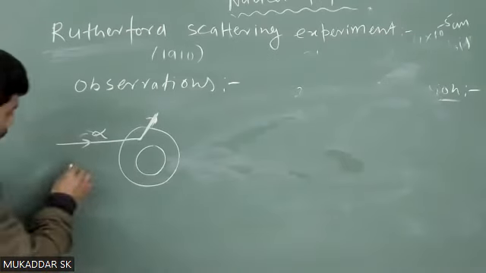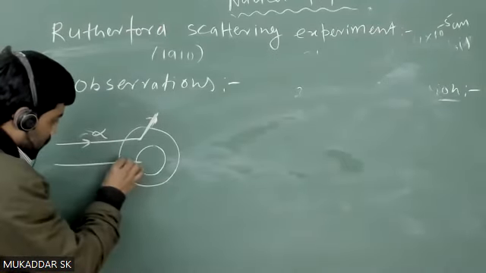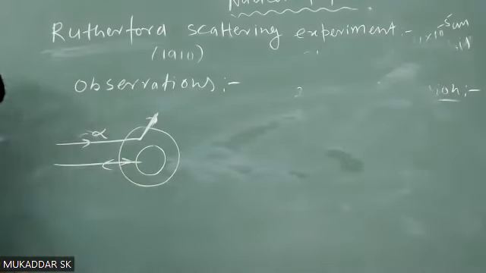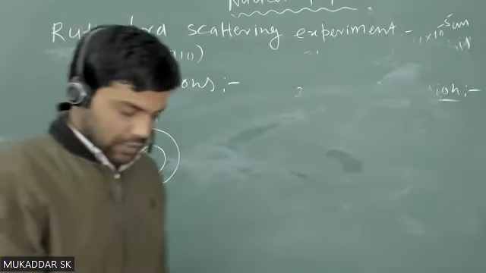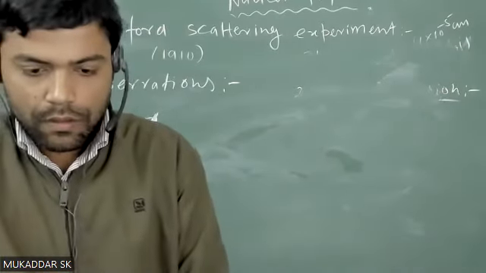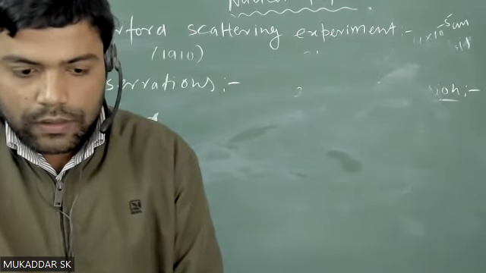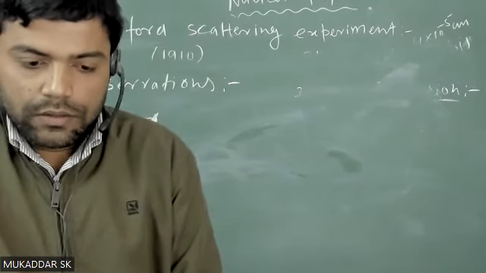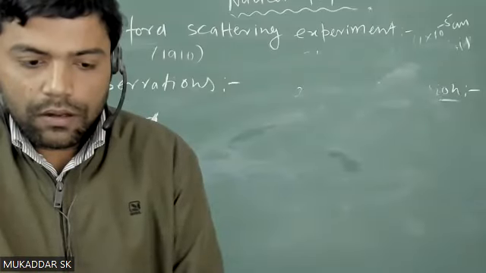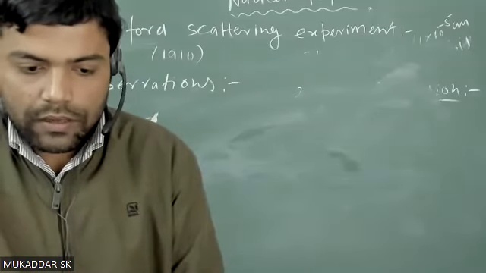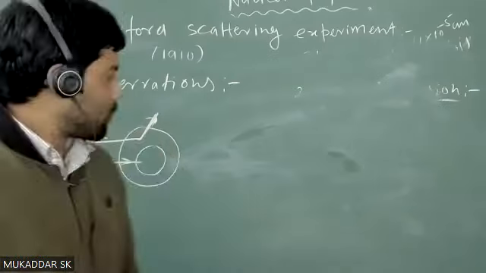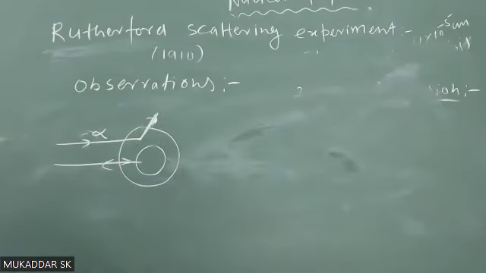Now the last observation: there is backscattering. So from the last observation, what will be the conclusion? The size of the nucleus is very small. You can say that only one out of 20,000 is backscattered.